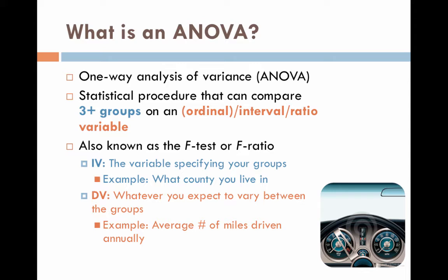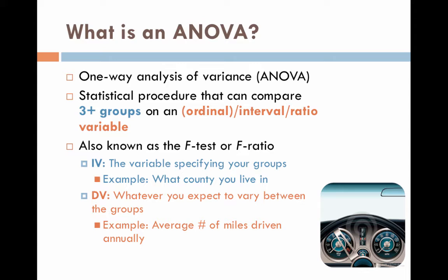So that variable, that dependent variable, we can calculate a mean and standard deviation for. Hence quantitative, interval, and ratio. And if you have an ordinal variable, when you have at least 5 groups that makes sense to interpret a mean and standard deviation for, you can then use that as your dependent variable. And really, ANOVA is also known as an F-test or an F-ratio.